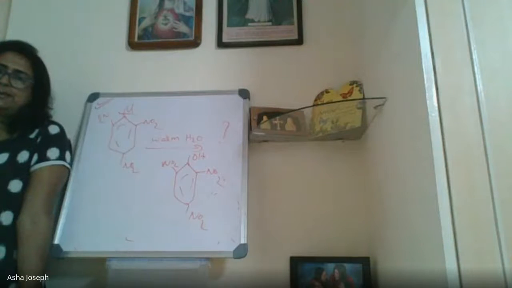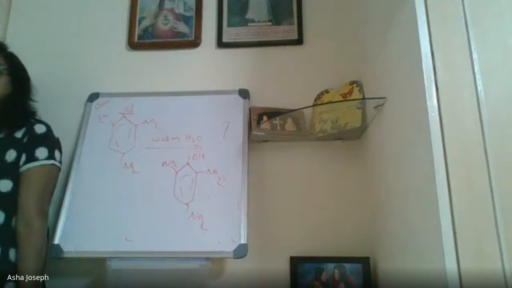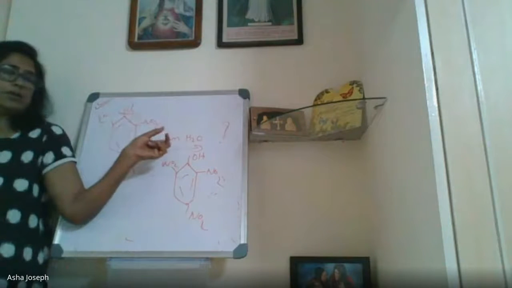Now the next question. Here you have to listen carefully. Here we'll get the byproduct as HCl, right? But if you don't write it also, nobody will cut marks. I put warm water here.